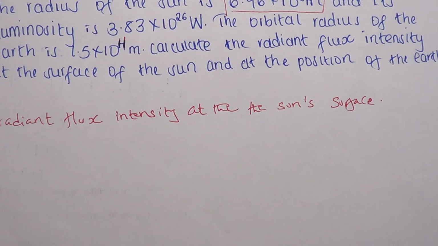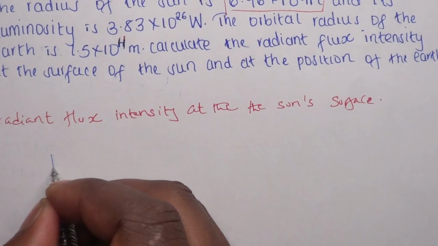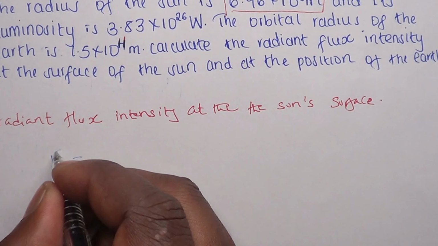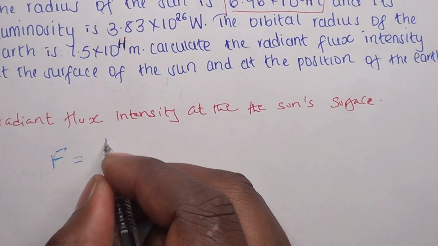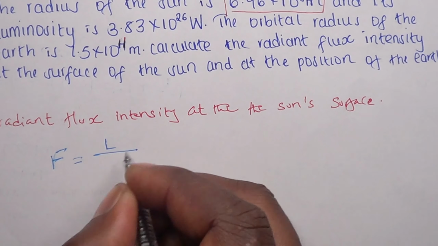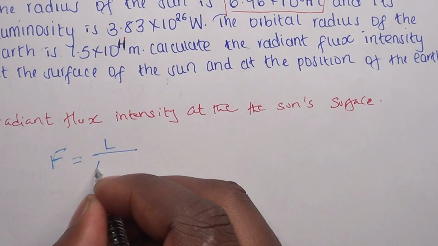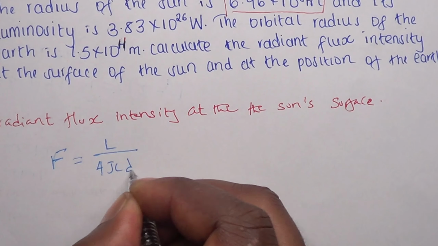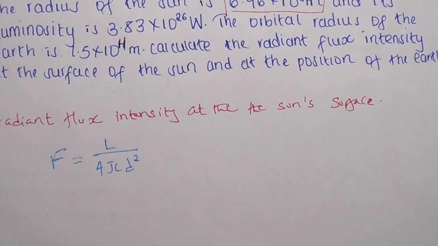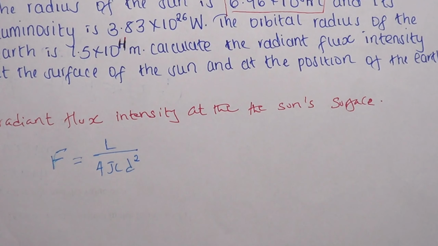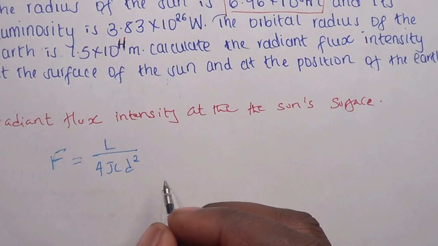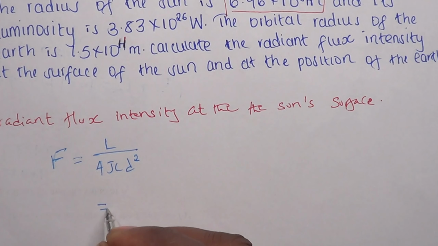Now for us to calculate that one, we know so that the flux is equal to luminosity over 4 pi d squared. I explained about this one in my previous lesson, so you can watch my previous video.